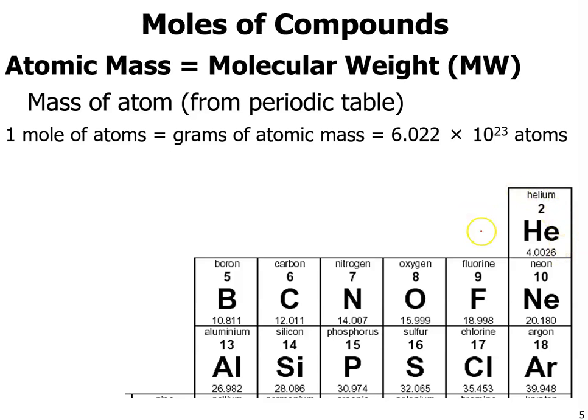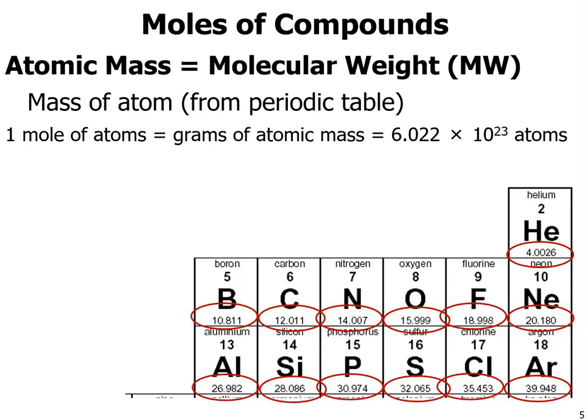So for these compounds that I'm showing you here, if I want a mole of any of these, I have to measure out approximately 4 grams of helium to have a mole of helium. I need 10.8 grams of boron for a mole of boron, 12.011 grams of carbon, right?